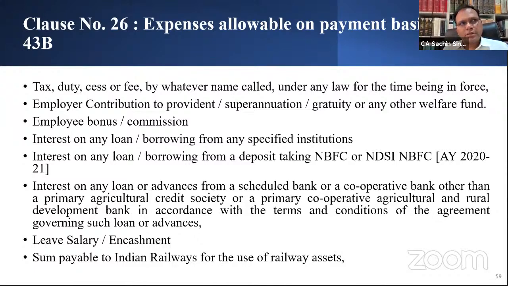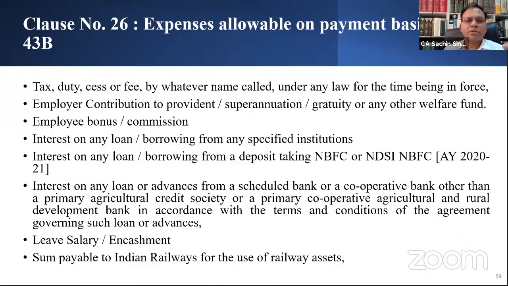Okay, and clause C of this section 43B says that assuming you have taken a loan of say rupees 1 crore, and the interest on such loan is 10 lakh rupees, which is outstanding on 28th March. Before 31st March, you discussed with the banker and said, okay, convert it into loan and then I'll make the payment.